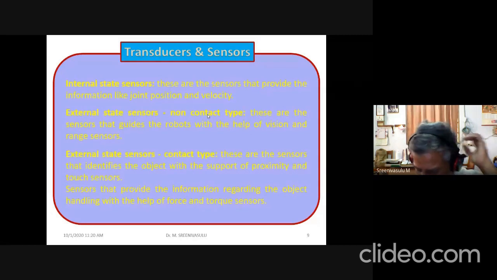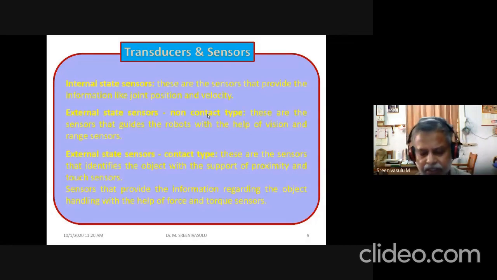With the support of an attached camera, it senses the object, and based on that, the conclusion is derived. With a range sensor, say one end effector is made to move close to the object; the range sensor helps the robot identify the distance of the object.